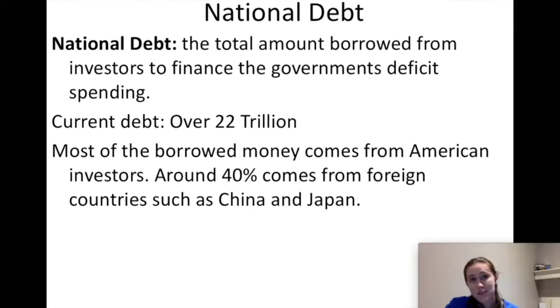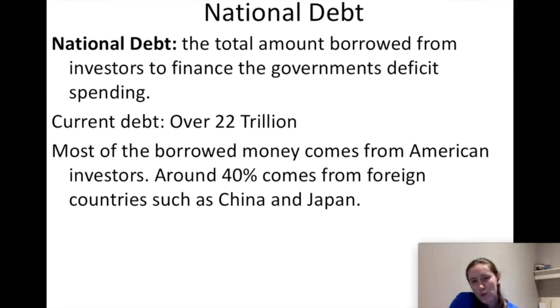And this means because we have a deficit each year, the federal government is accumulating more and more debt. Our current debt is over $22 trillion. That was as of 2019 anyways.